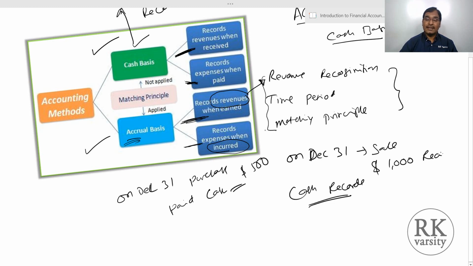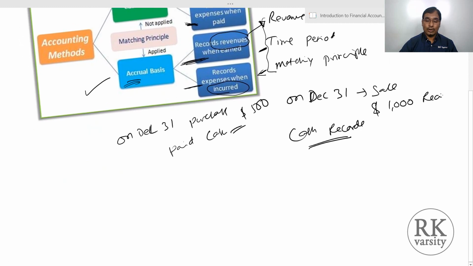Another is your matching principle, and the time period principle. So all the expenses or revenues related to that particular time period need to be recorded irrespective of whether cash is received or not. We'll go to the same example here. Let us say on December 31st, you made a sale of $5,000.